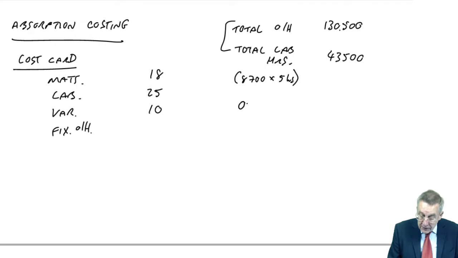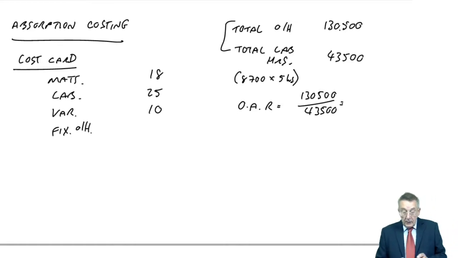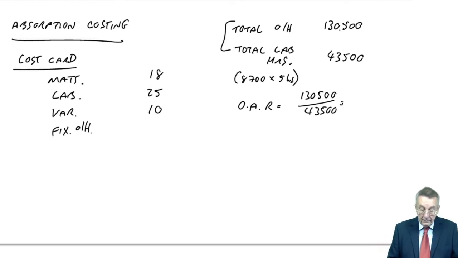So the overhead absorption rate is 130,500 over 43,500. It's how much per hour? That's nice, $3 per hour.